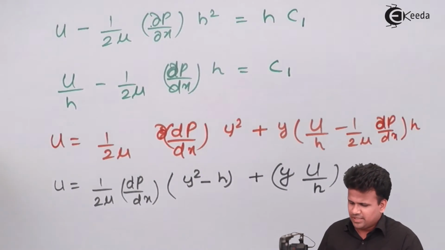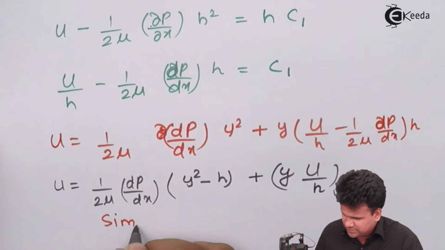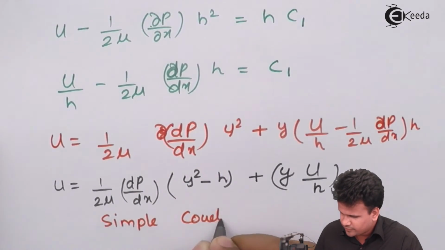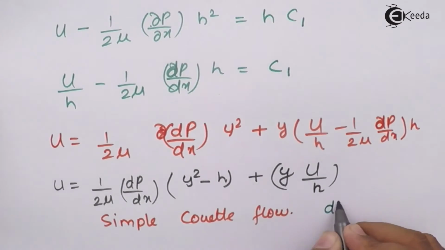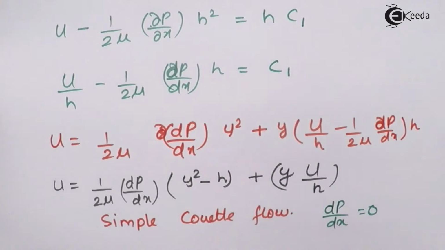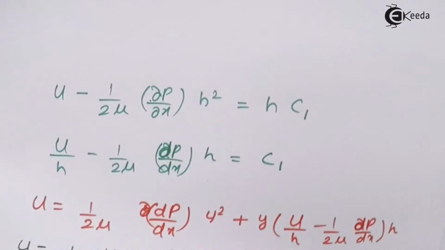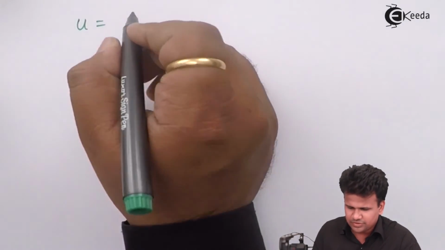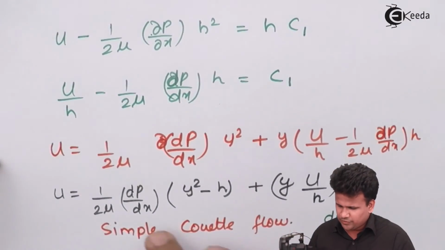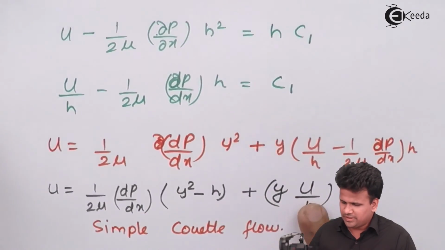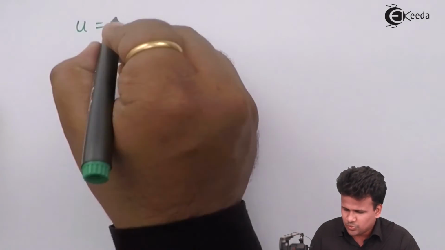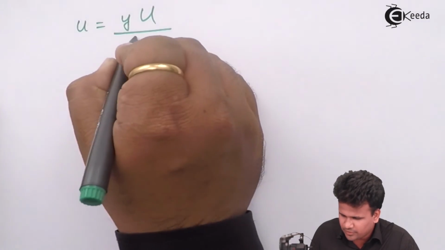Now if we consider a simple Couette flow, for simple Couette flow dp/dx equals 0. We do not consider the effect of the pressure gradient, so that time this entire term will be 0, and small u will be equal to y times capital U upon h.